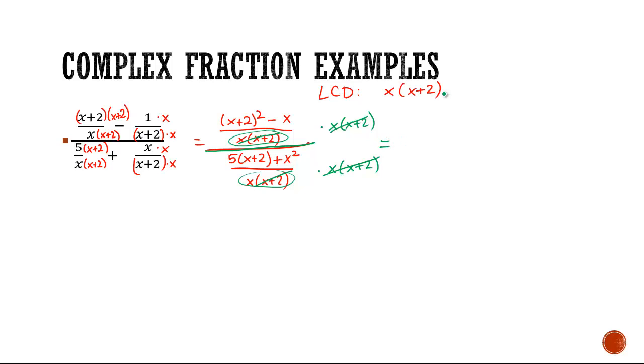So essentially we're left with x plus 2 squared minus x over 5x plus 2 plus x squared, however we do it, and we need to expand that and continue.